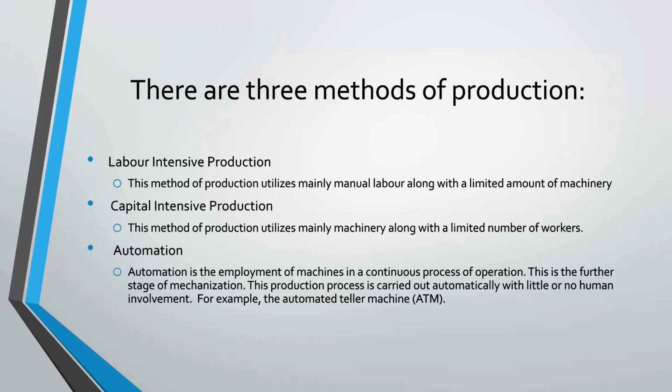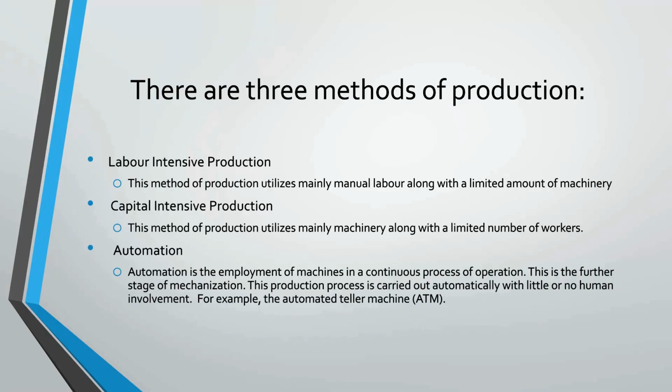Now, there are three methods of production: labor intensive, capital intensive, and automation. Labor intensive production is a method of production that utilizes mainly manual labor along with a limited amount of machinery.